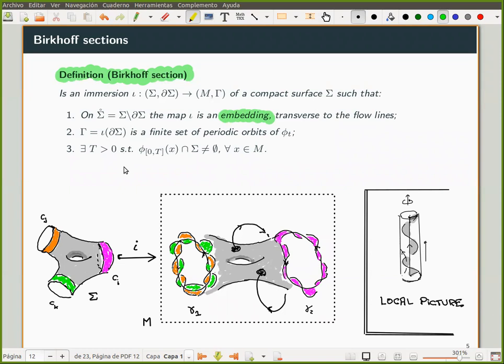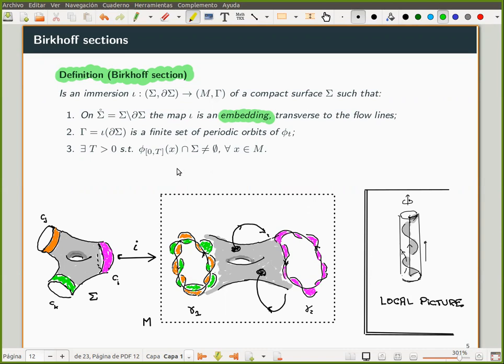Along the boundary, the boundary components of the surface are sent into a finite set of periodic orbits of the flow. The other condition is that there exists some positive time t such that the orbit segment of length t of any given point in the three-manifold intersects the surface.